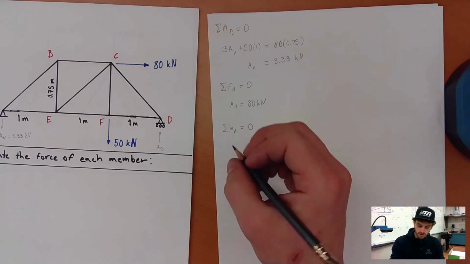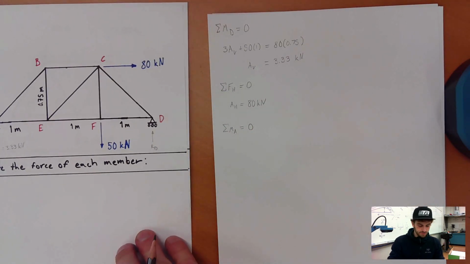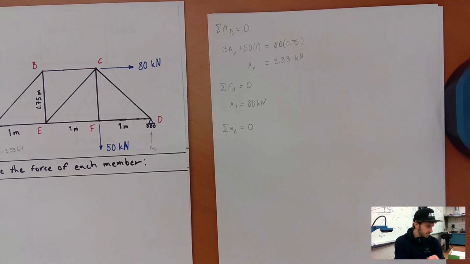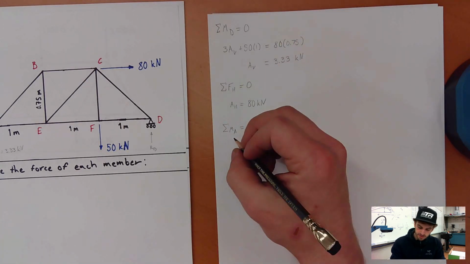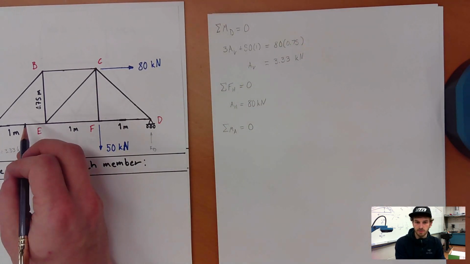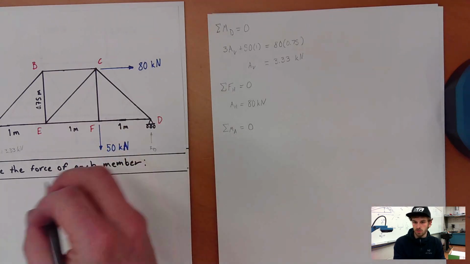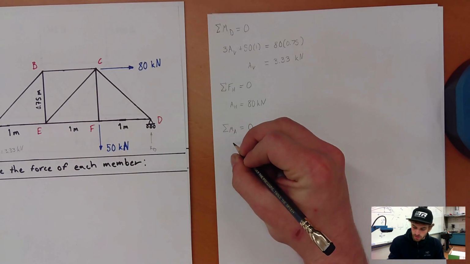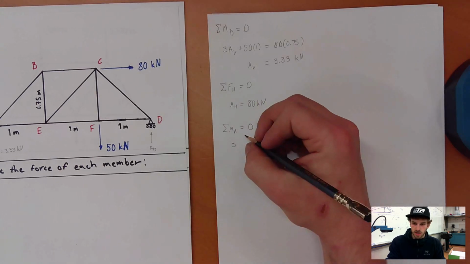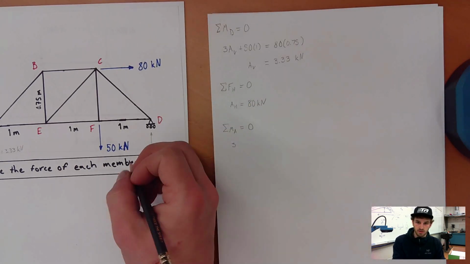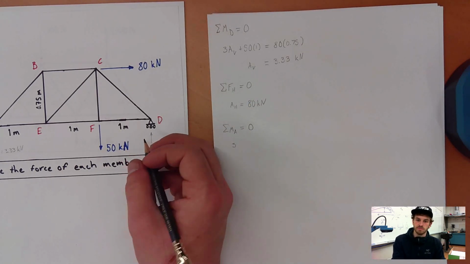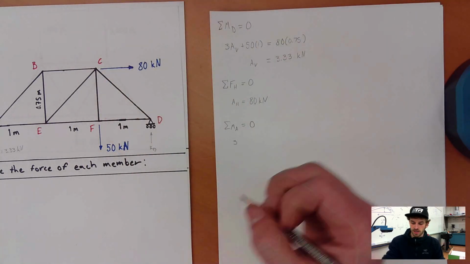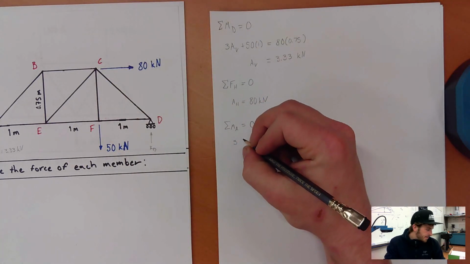All right, so we have, once again, 3 different members in the horizontal direction, providing downward force into RD. So we've got 3 RD.